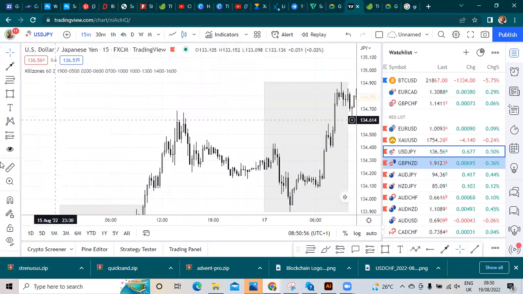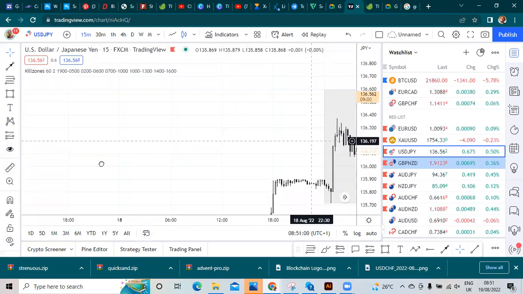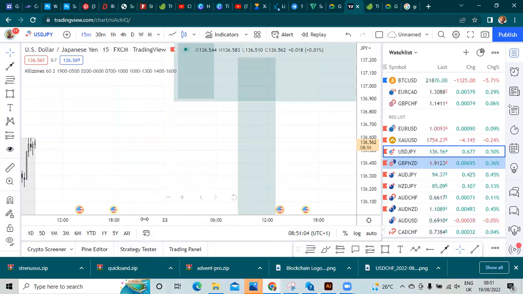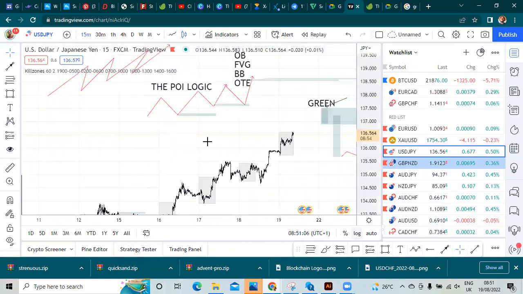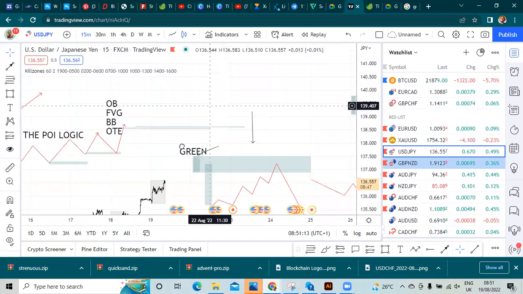So now there are certain rules that make supply and demand, or order blocks, different completely from retail price action logic. So what are those rules?